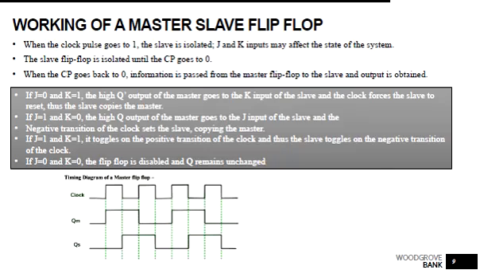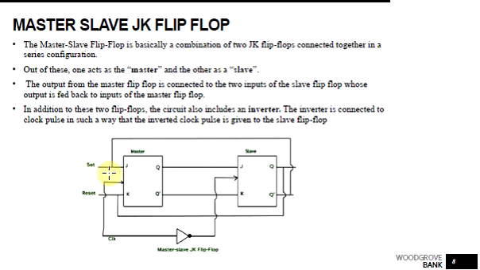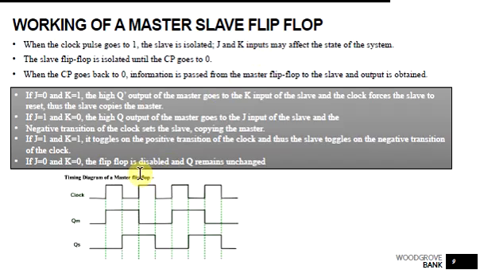Similarly, when both J and K are 0, the flip-flop is inactive and the output remains the same. That is the no change condition. So the only difference is when both inputs are high, when J and K are equal to 1, so we'll consider this condition.